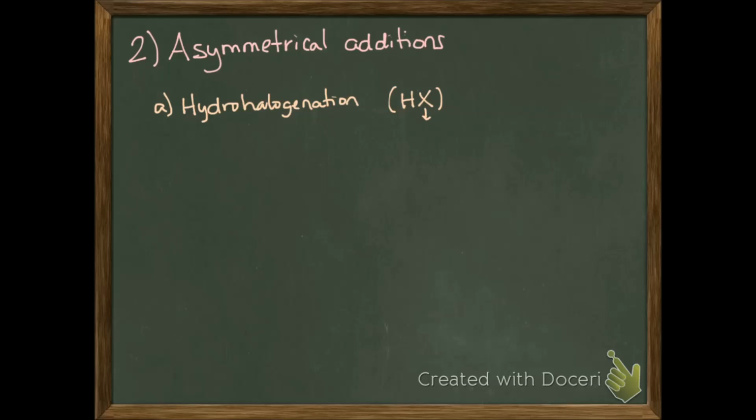Again, we will have two phases. In phase 1, the alkyne with its triple bond will react with the HX molecule. Let's use bromine here. And if there is no other instruction, it will follow Markovnikov's rule.